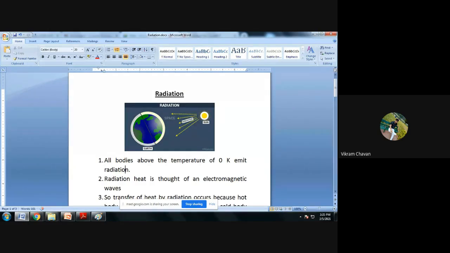So on various conditions, this particular h factor, the convective heat transfer coefficient, depends.